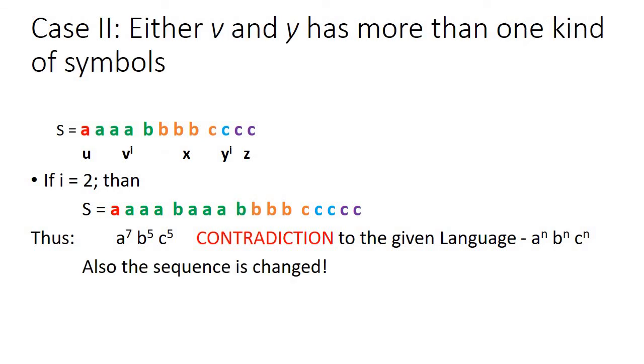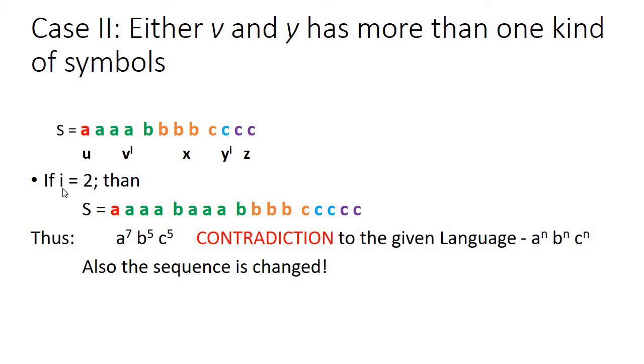Case 2, either v or y has more than one kind of element, so we choose v as a combination of a's and b's, so it's a boundary related element. Same for y, we can leave y for one single element. We can even have y in between b and c, so that is not an issue, but here we are simply taking y as c.